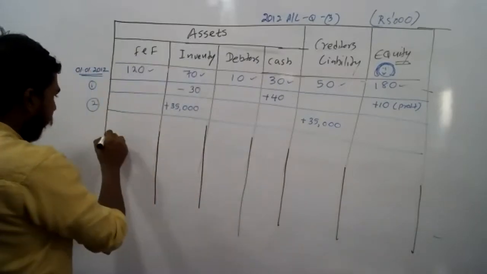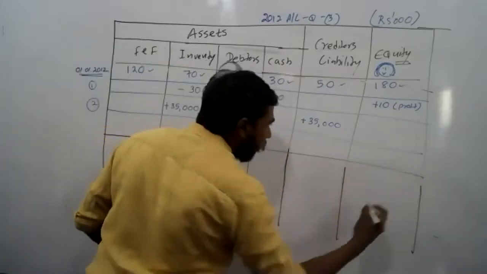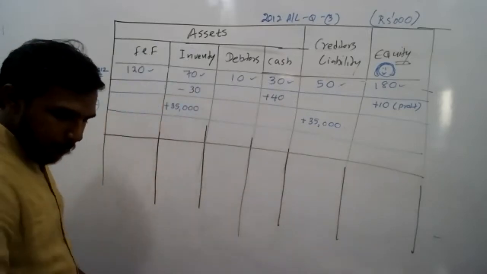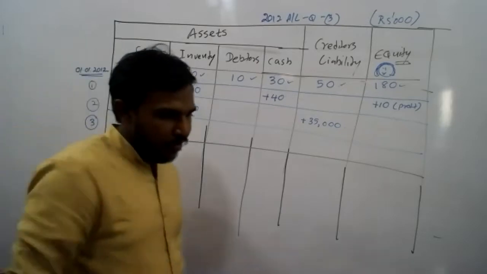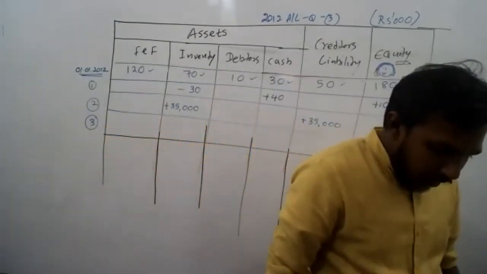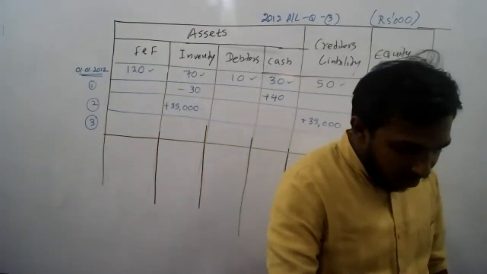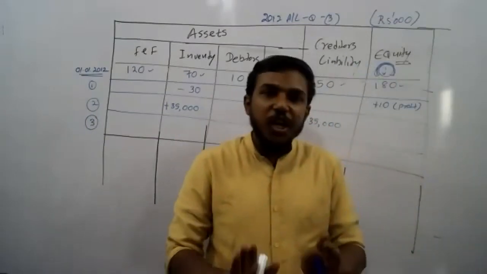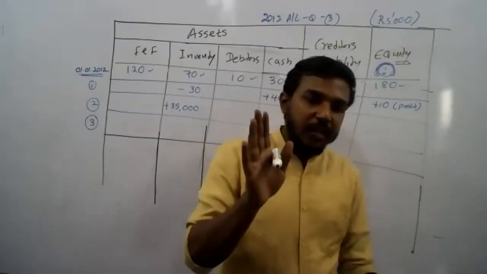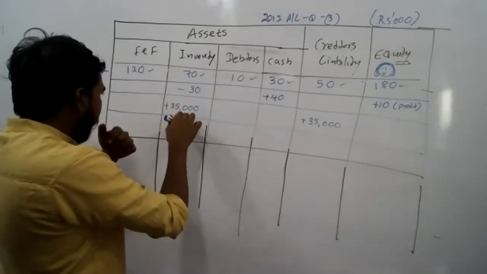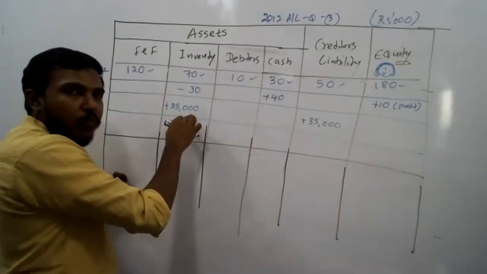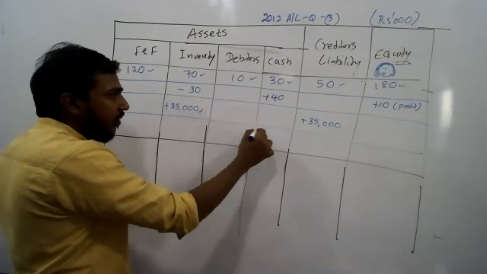Third one. Return to supplier 5,000 worth of goods purchased on 8th January 2012. That means you purchased some goods in the second transaction.